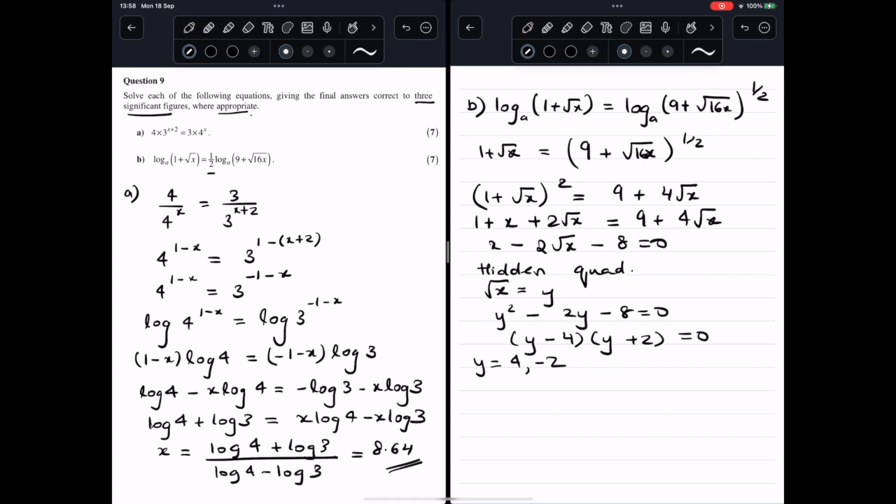Y is therefore 4 and minus 2. So for y equals 4, root x equals 4, which gives x equals 16. When you put root x into the main function for the other value, it will give you a negative value, so you have to ignore it. Therefore x equals 16 only.